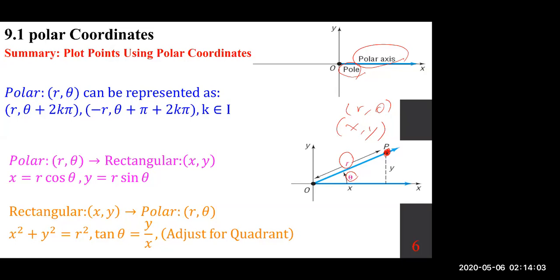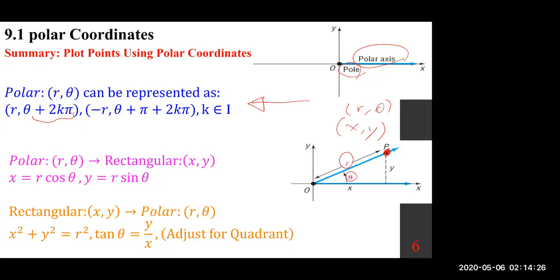But r comma theta is not unique. Why not? Take a look at this. If we use, instead of theta, theta plus 2n pi or 2k pi, I've already mentioned that sometimes we use k, sometimes we use n.